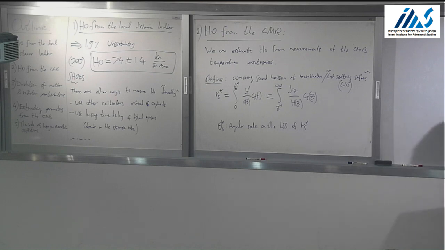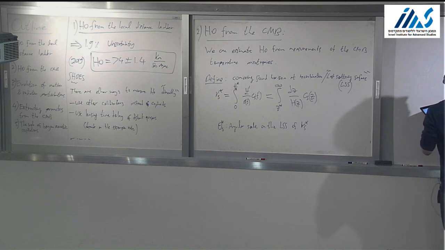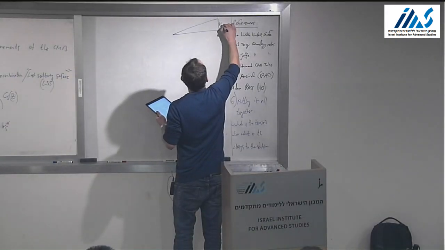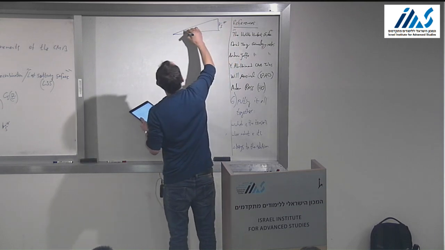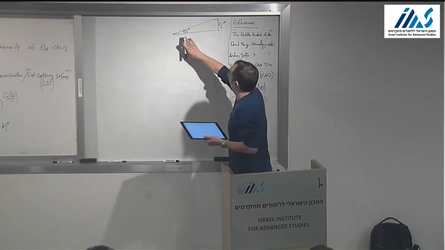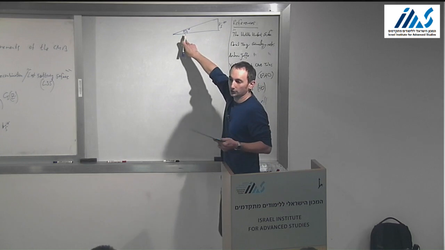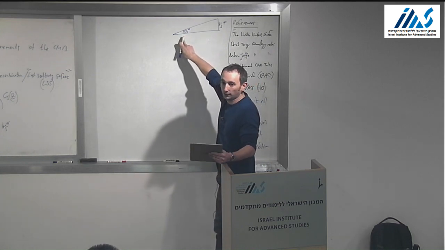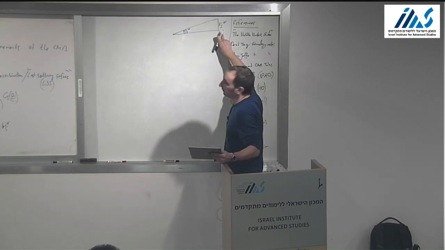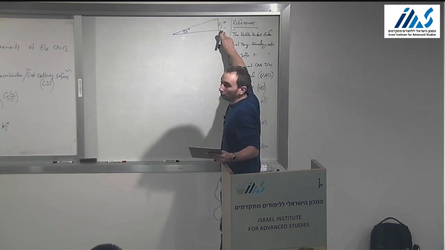If I draw this, what does that mean? So this is R_S star, this is theta_S star. And now what's left here, we just saw the definition of the angular diameter distance, right? This is some proper distance. It's a co-moving distance.